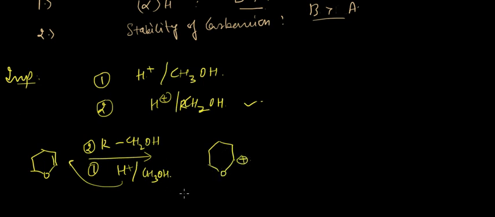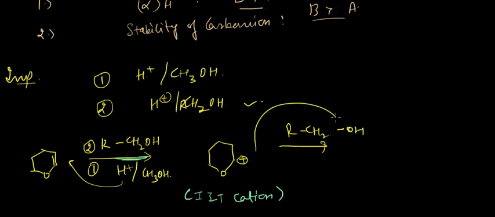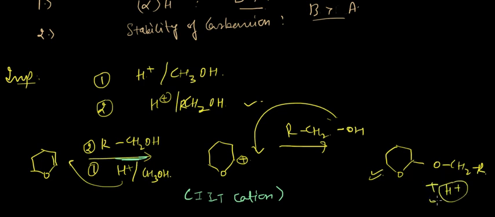This is our highly stable 3-degree cation in the intermediate, hence the reaction will go fast in the forward direction. Now, again we have RCH2OH, the positive charge will attack on O, or rather O will attack on the positive charge, either way. So we will have something like OCH2R, plus obviously H plus, as it was catalyzed in the reaction, it is recouped in the reaction.